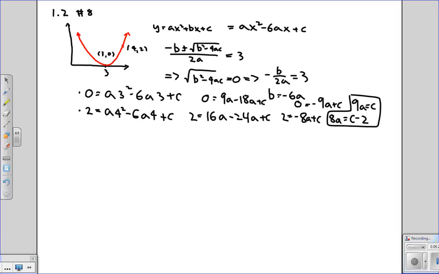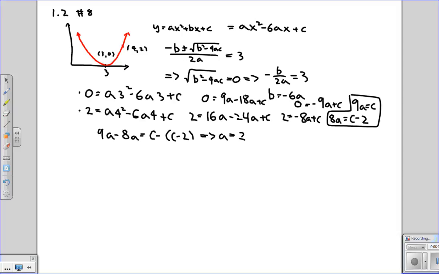And now we can solve for a and c. Subtracting the second equation from the first, what do we get? We get 9a minus 8a is equal to c minus (c minus 2). But of course, this just means that a is equal to 2.